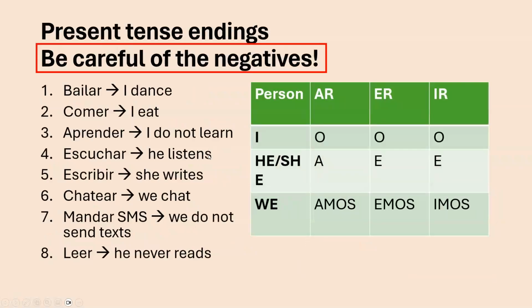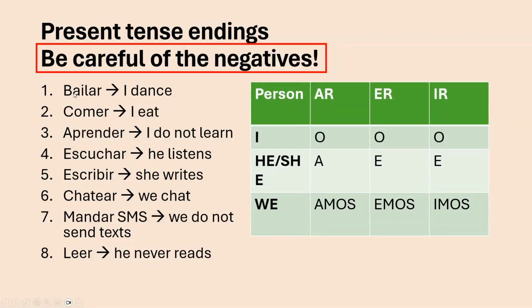In your books, complete the changes. So you have 8 verbs: bailar, comer, aprender, escuchar, escribir, chatear, mandar, and leer. I would like you to change them to the person I have written in English.